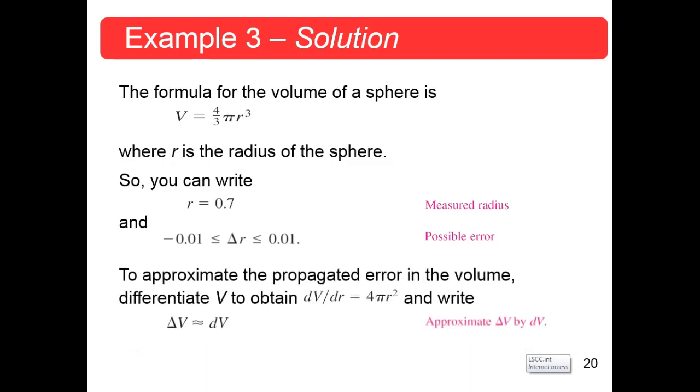Okay, to approximate the propagated error, differentiate that. dV dr is equal to 4 pi r squared, and have that be the delta V is approximately equal to dV, and that would be 4 pi r squared dr. If you just multiply the dr, that gives it to you right then, okay?